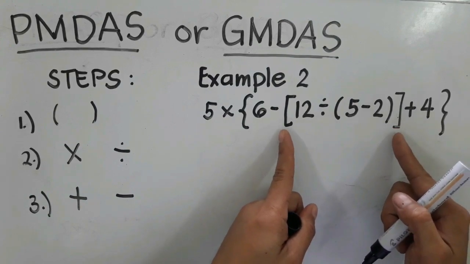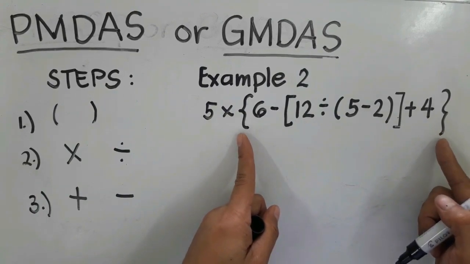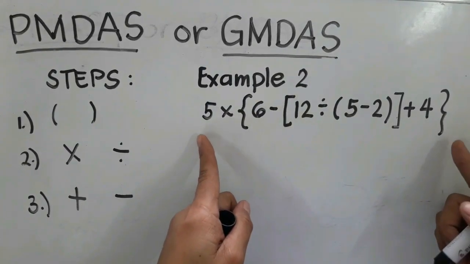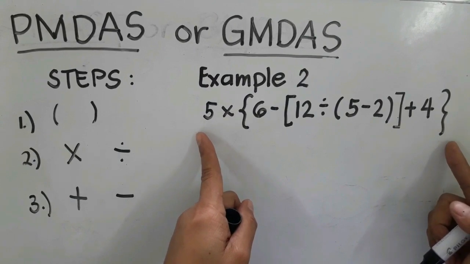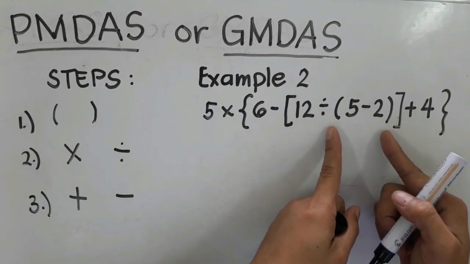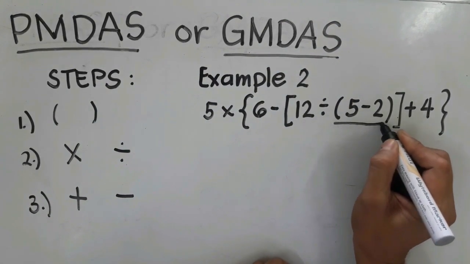This one is what we call bracket, and this one is what we call brace. Now, what are we going to solve first? In solving like this, where they are grouped, you are going to solve first the inner group. So, we are going to solve first the parenthesis.